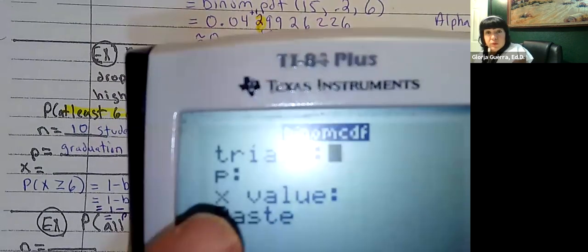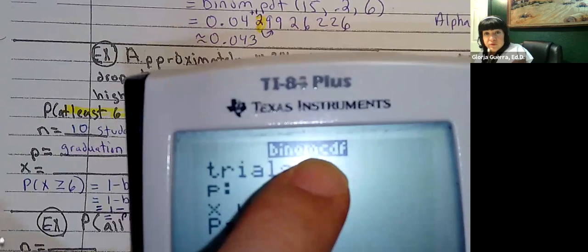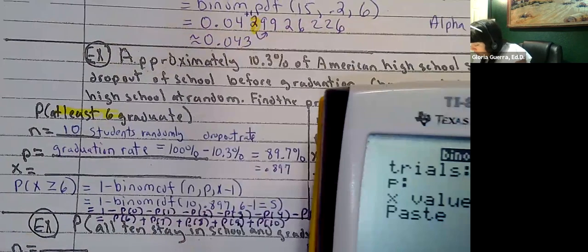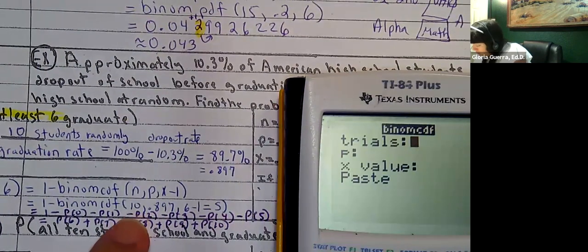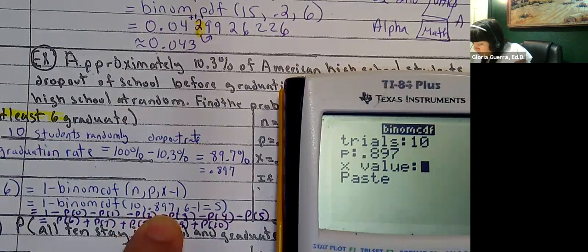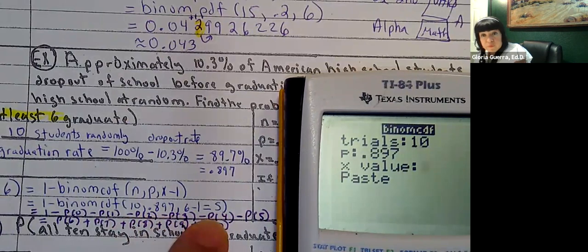So you see 1 take away the CDF, make sure that's correct. Then your N is 10, and your probability is 0.897, because that focuses on the graduation rate, right? And then this is 5, because 6 minus 1 is 5. Then enter, enter.